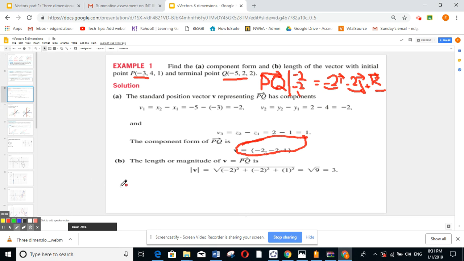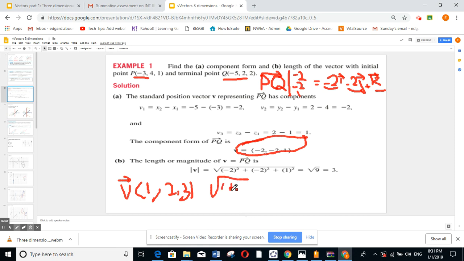So directly, if you have a vector v whose components are, for example, 1, 2, 3, to find its norm you do the square root of 1 squared plus 2 squared plus 3 squared, which is 14.